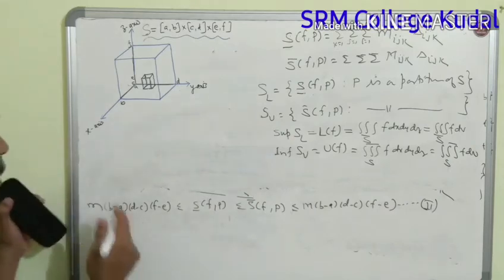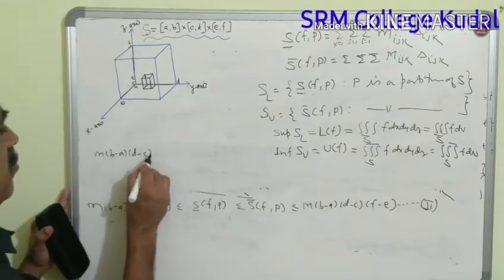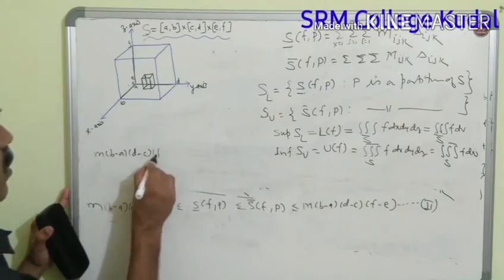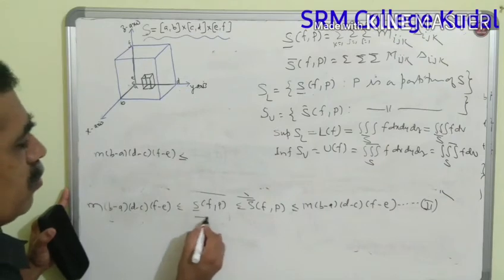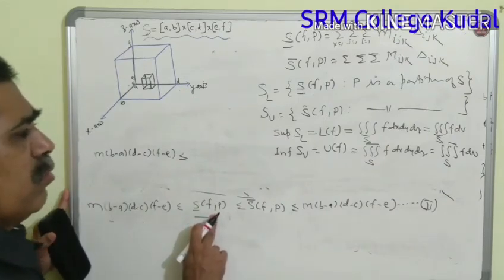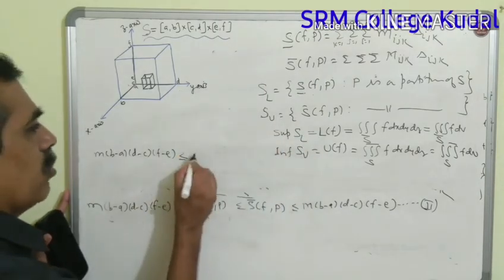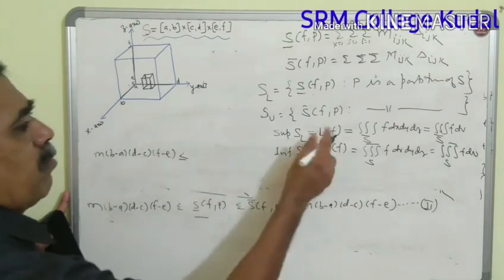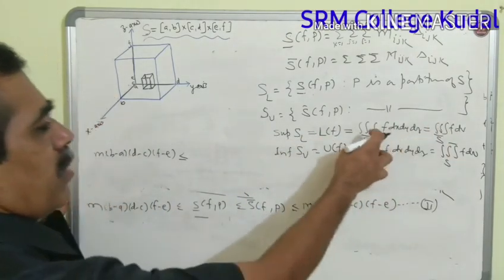This implies that m into (b minus a) into (d minus c) into (f minus e) will be less than or equal to any lower sum, a Riemann lower sum. And the largest lower sum will also lie between these two. So I will write the supremum of the lower sums directly.